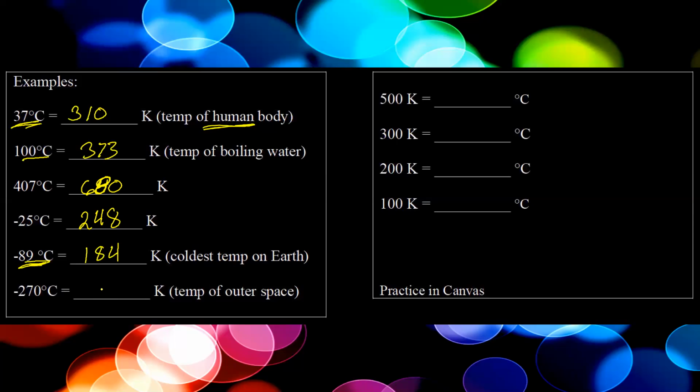273 and a negative 270. We're left with 3 Kelvin. Yeah, that is extremely cold. Now, not as cold as those places you saw in the video that are going to nanokelvins. Outer space is incredibly hot compared to that, but compared to what we are used to here on this planet, yeah.